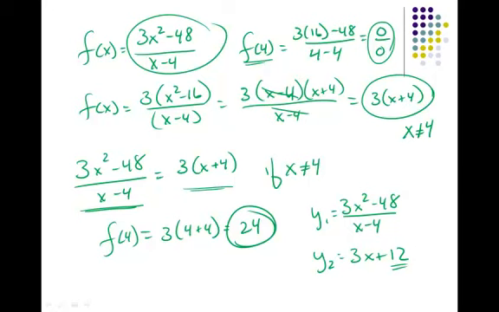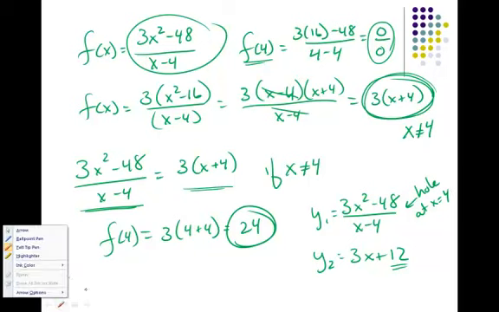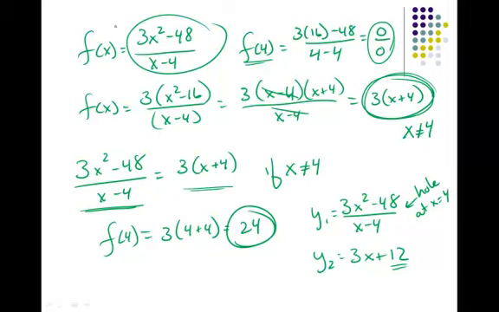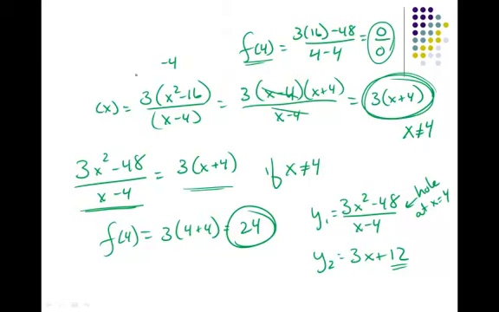You're going to get the exact same graph as we get for our second function, our simplified function up here, except that this graph has a hole at x equals 4. Let me erase a little bit here. So you should be getting a graph that looks like a line and that has a hole.